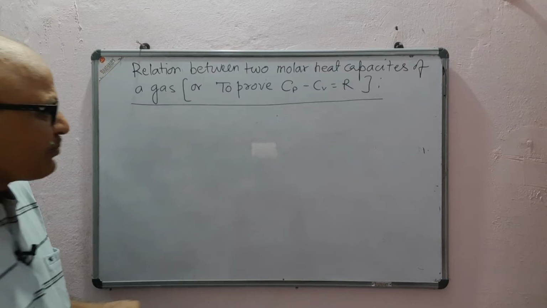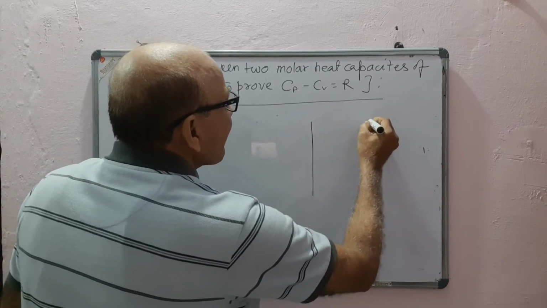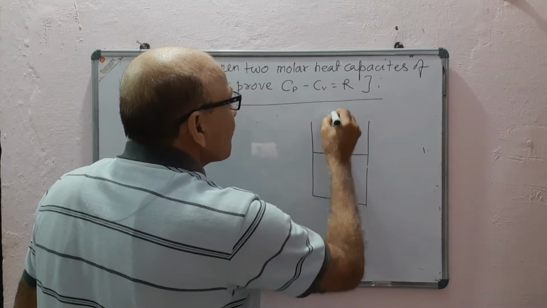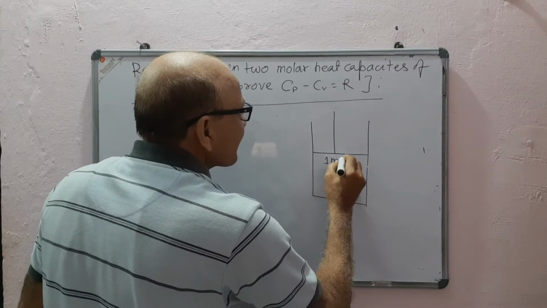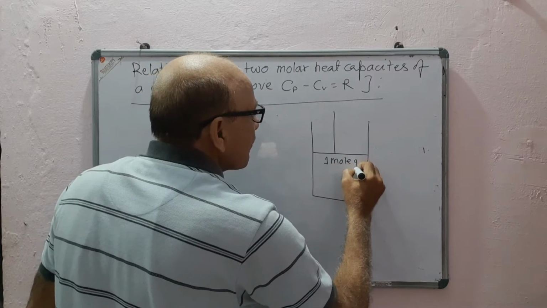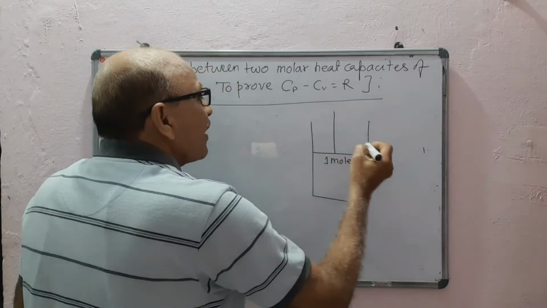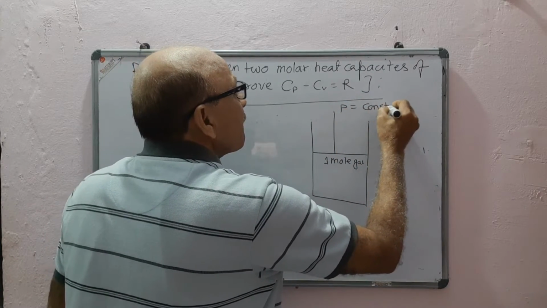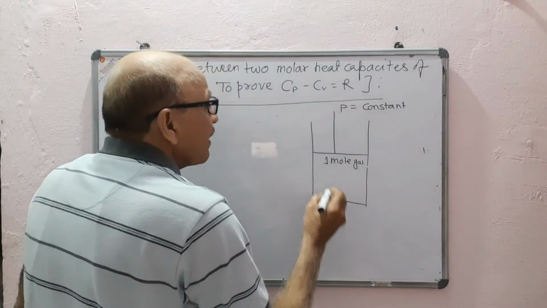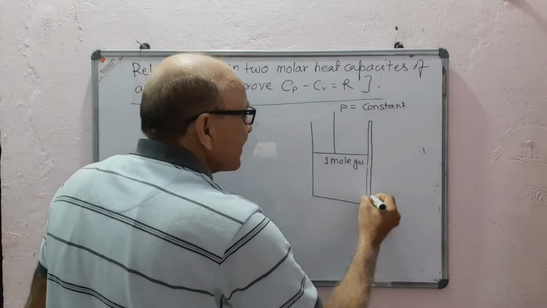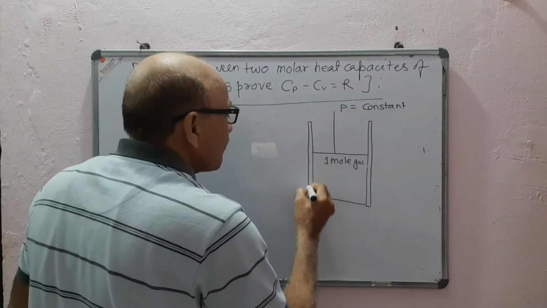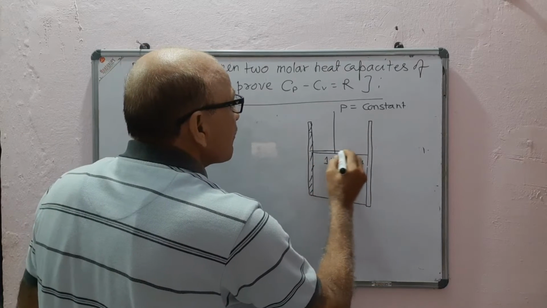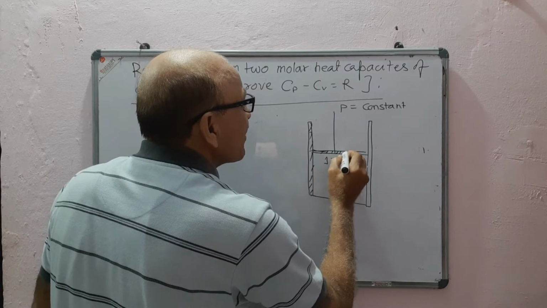Suppose we have 1 mole of an ideal gas at constant pressure P. Suppose this is a cylinder fitted with a movable piston.